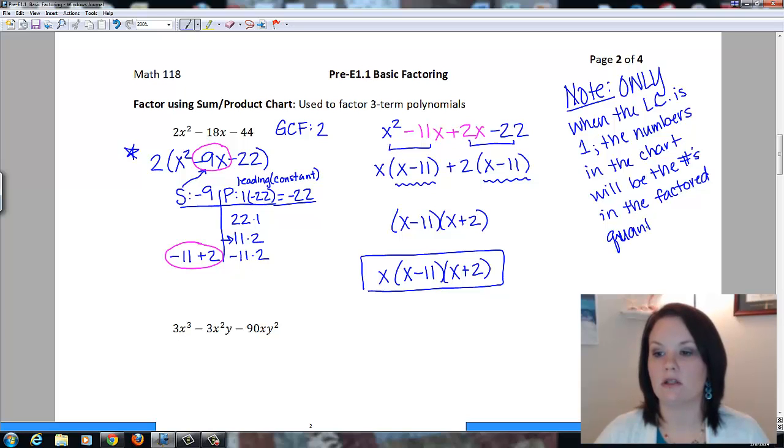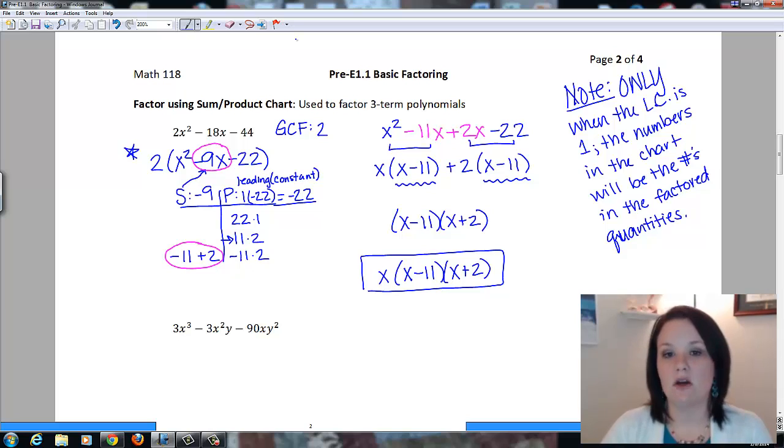What I mean by that is notice the factors that we found are negative 11 and positive 2. And notice when we factored this, it factored into x minus 11 and x plus 2.